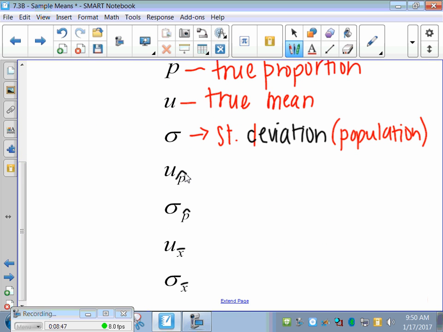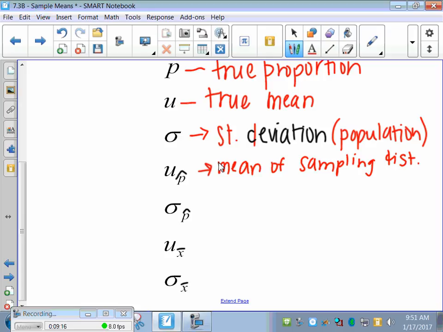Okay, and what's mu of all the little p hats? It's the mean of the sampling distribution. You're taking all the little p hats and finding the mean by that graph.